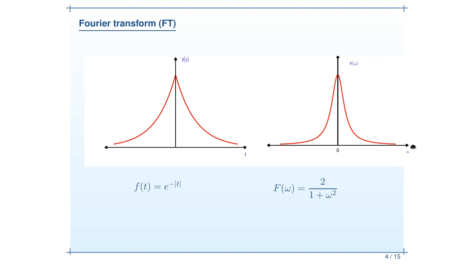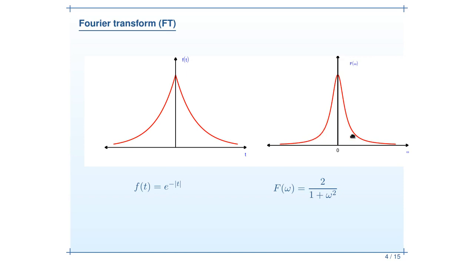If you look at the height of the graph here, it gives you the strength of the frequency. So the lower frequency components are stronger, and as the value of the frequency increases, the contribution by that frequency becomes smaller and smaller. So the lower frequencies are dominant.